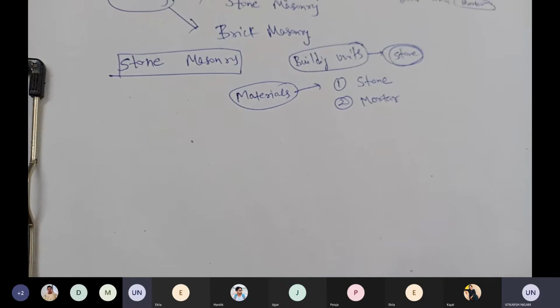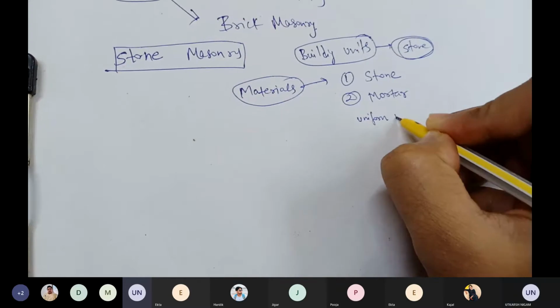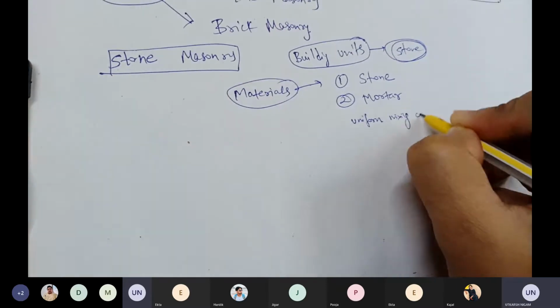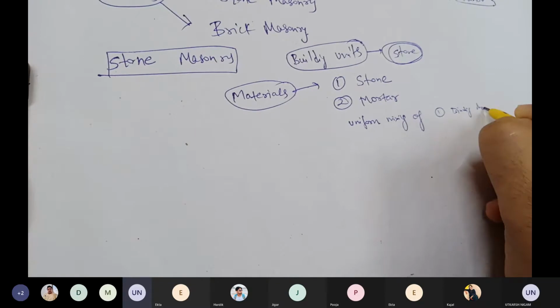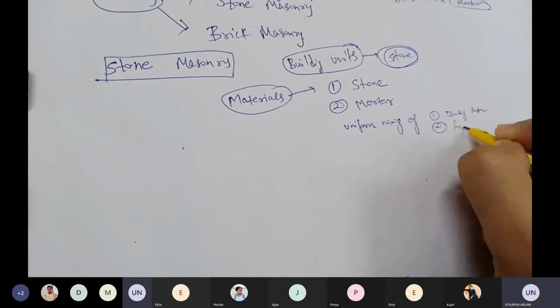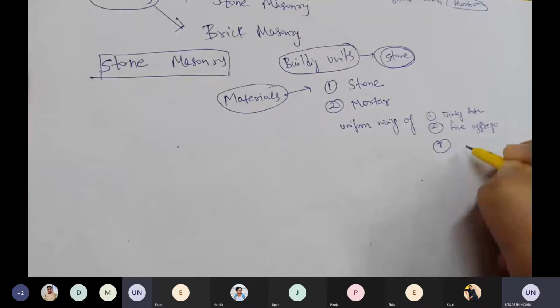So, it is a mixture in which uniform mixing will be there of, number one, binding material, number two, fine aggregate, and number three, water.